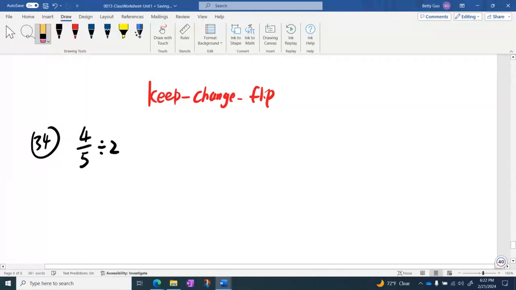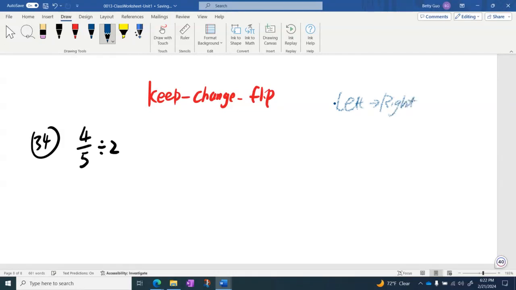When we read a book, or an article on the cell phone, we always go from the left to the right, right? Same with algebra. When we read an expression or when we understand a graph, we go from the left to the right as well. So here the expression we have is 4/5 divided by 2.